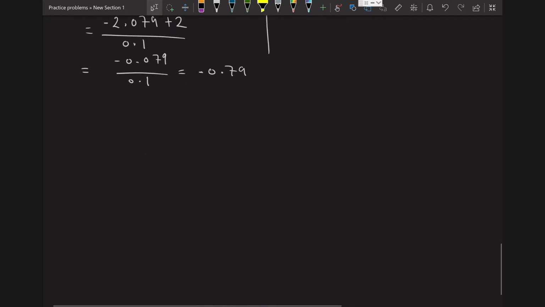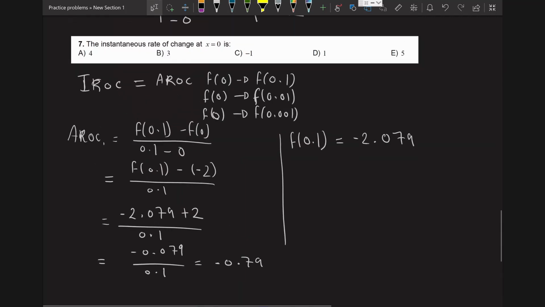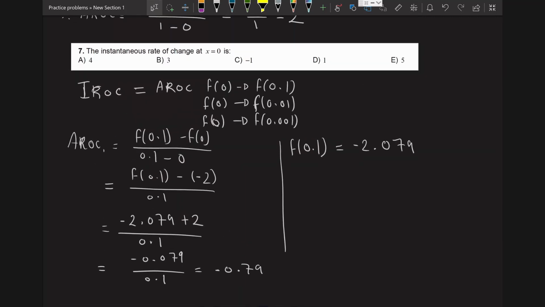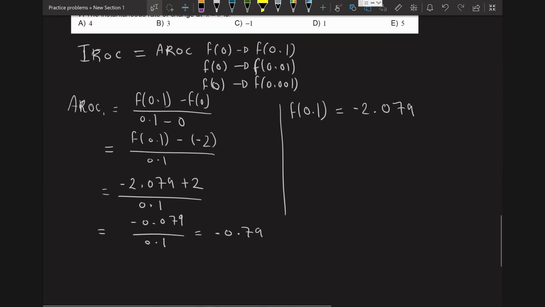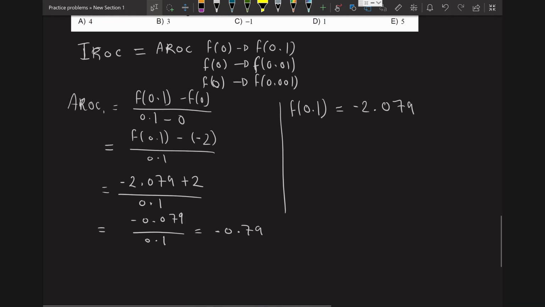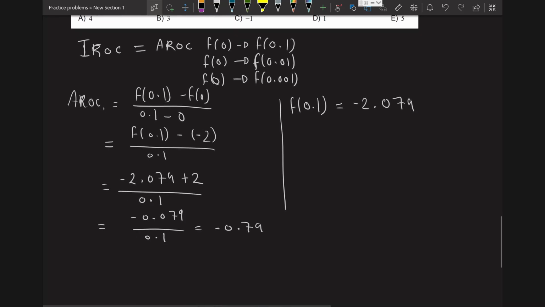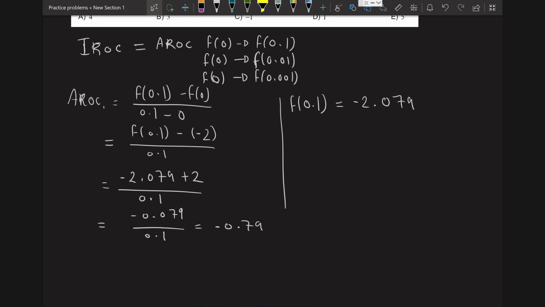We can already make the estimate that it's going to be -1, but we'd rather double check it and get closer, especially if it was a word problem. You're not going to say, oh, it's negative 0.8, that would be wrong, and you don't have enough information to assume that it is -1.